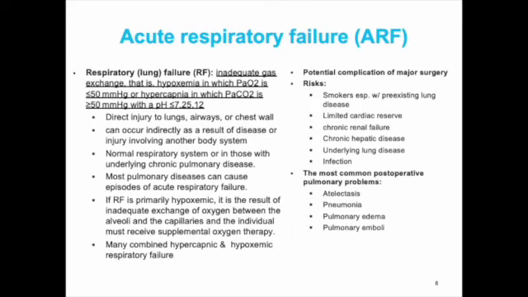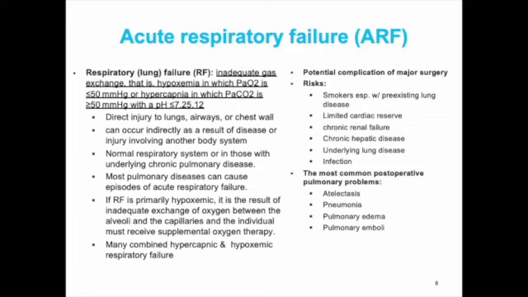Okay. So now we're going to move on to acute respiratory failure. And this can sometimes just be called respiratory failure, RF. This is occurring when there is inadequate gas exchange.